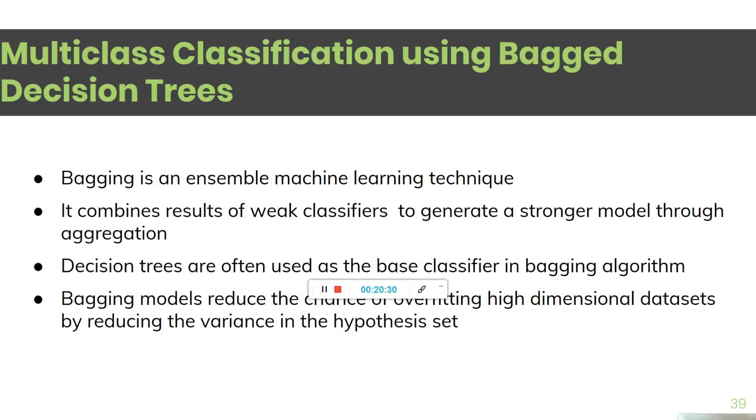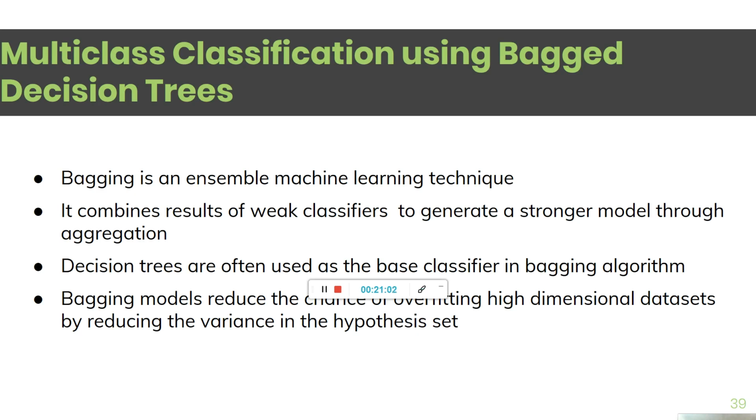So we tried multi-class classifiers that leverage bagged decision trees, and bagging is an ensemble machine learning technique that combines weak classifiers to generate a stronger classifier. We have seen from the lab that it provided the best prediction or classification performance among the other ones that we trialed, such as SVM and multi-layer perceptrons.